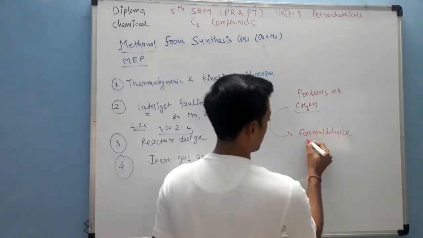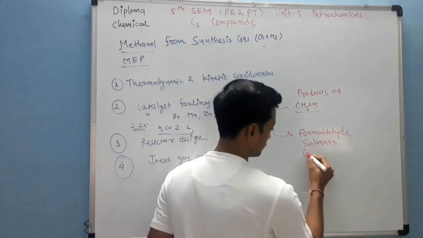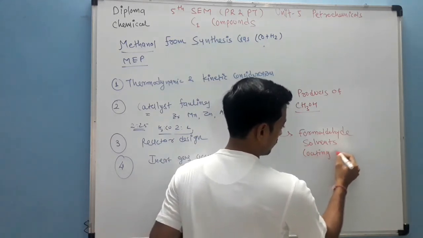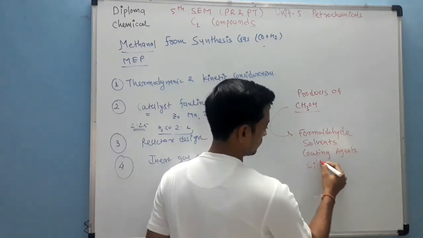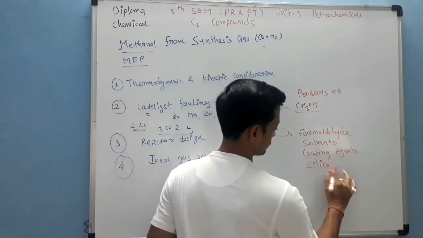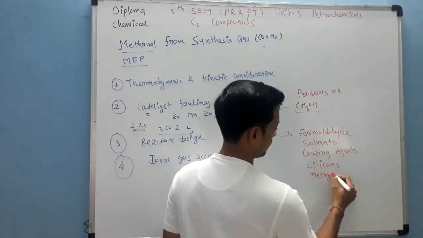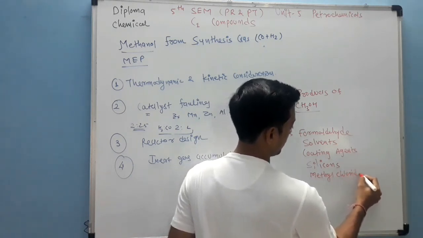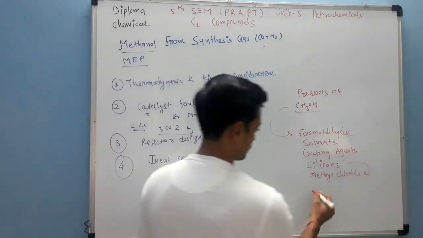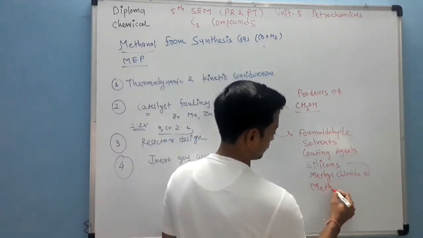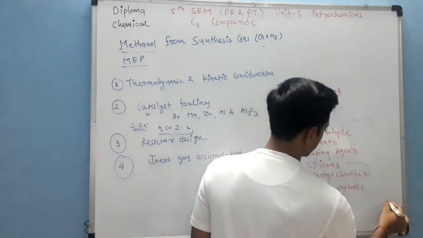It is also used as solvents, as coating agents, and in manufacturing silicones, that is methyl chloride and methacrylates. These are the products from methanol.